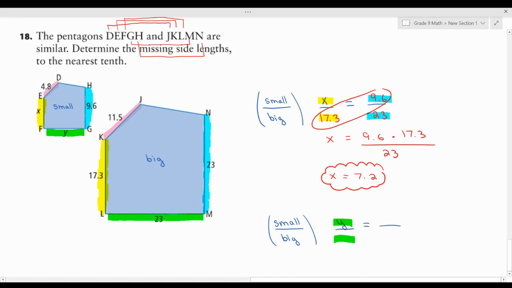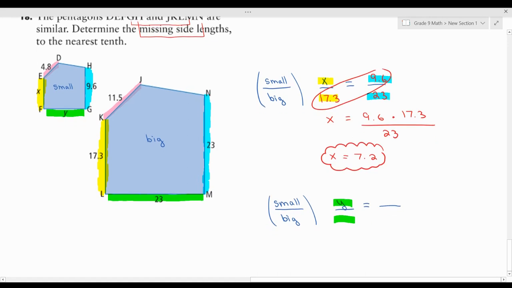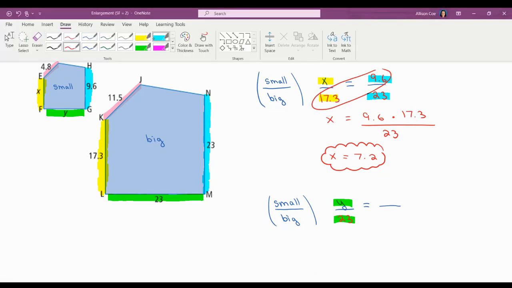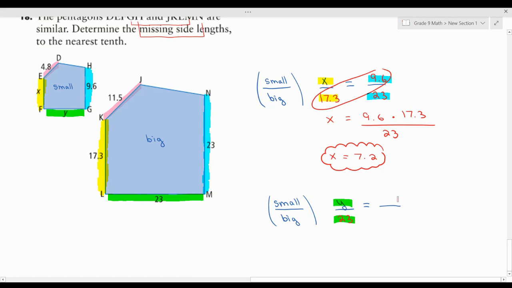Okay, so I know what this one is now. Then let's do Y. I'm comparing Y, which is green, to this green length, which is 23. Maybe this time I will use the pink corresponding sides. So we can compare the 4.8 to the 11.5.